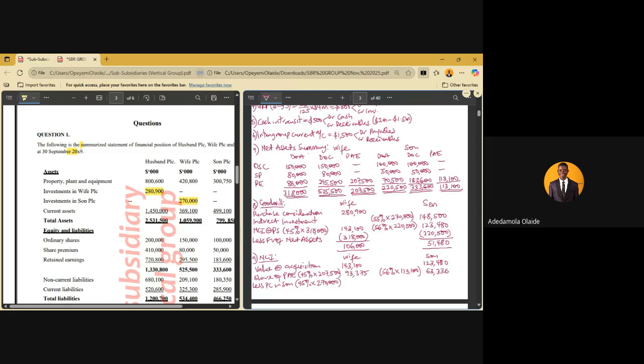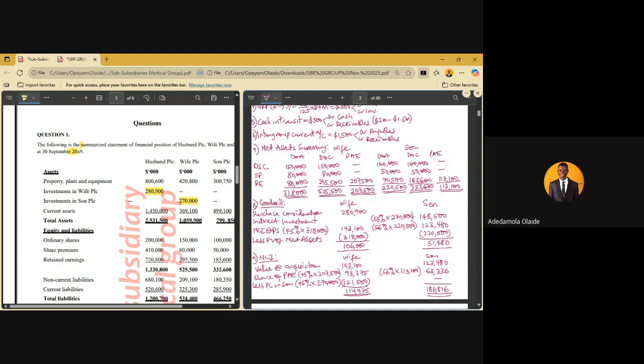So that will be 121,500. If we take that out, what is the NCI value at the date of consolidation? It is 114,975.